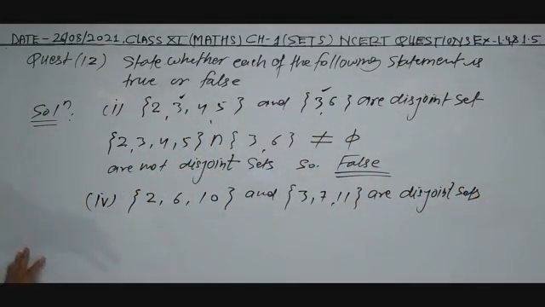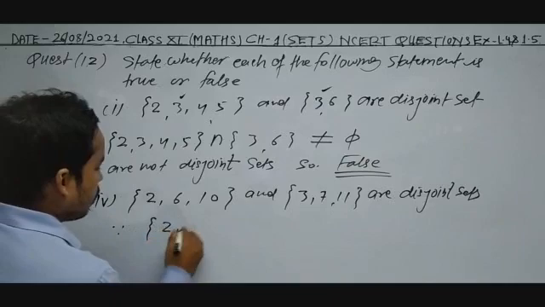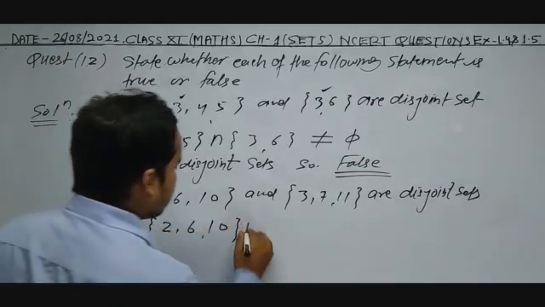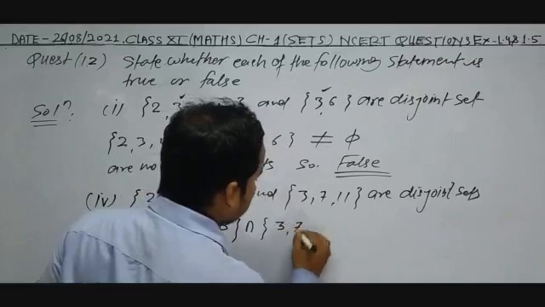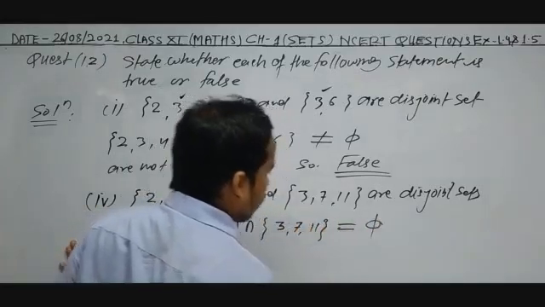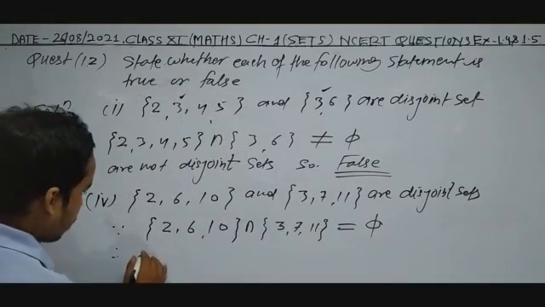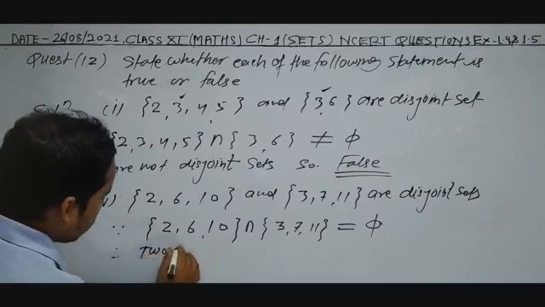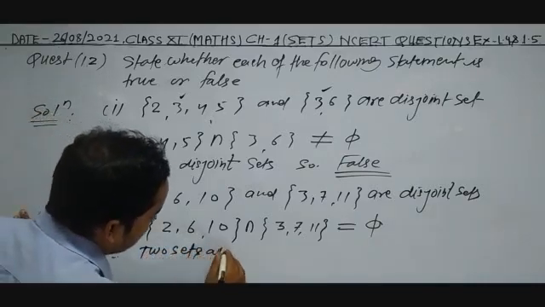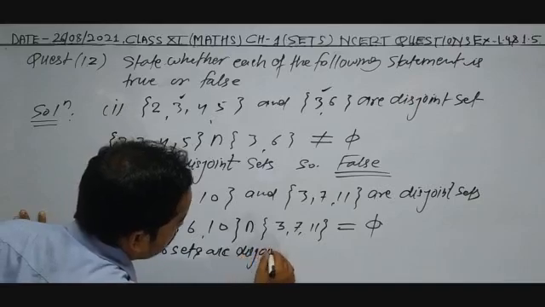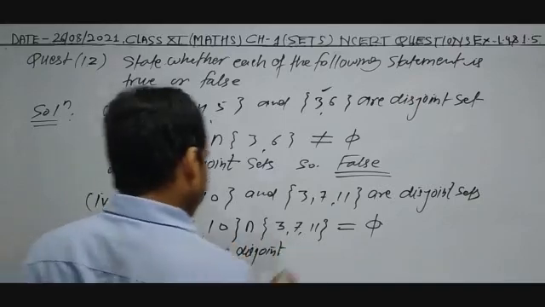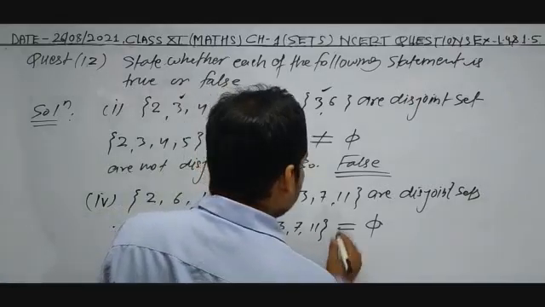So there are no elements common to both these two sets. So what can we say about these sets? Since 2, 6, 10 intersection 3, 7, 11 is equal to the empty set, therefore the two sets are disjoint. So this is true.